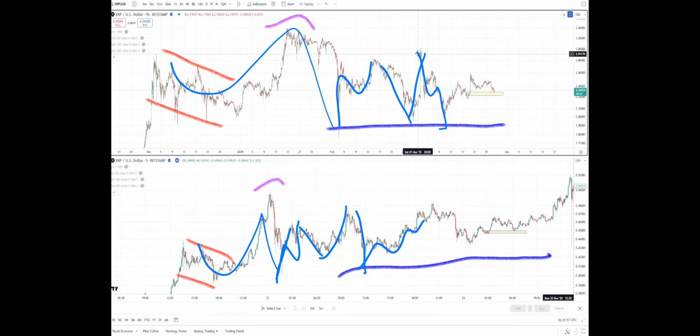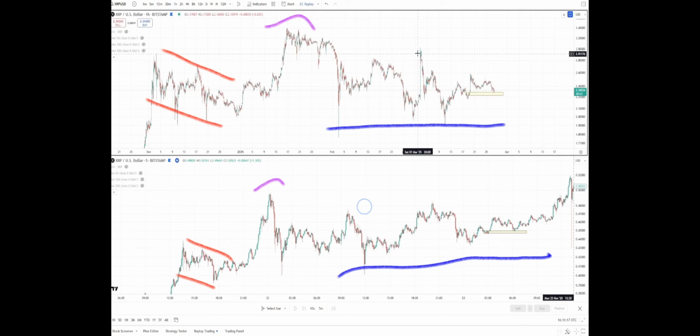It doesn't look the greatest, but it could be a 3-wave move up. Then you pull back, you go sideways, then you break out. So it could be a little bit extended.